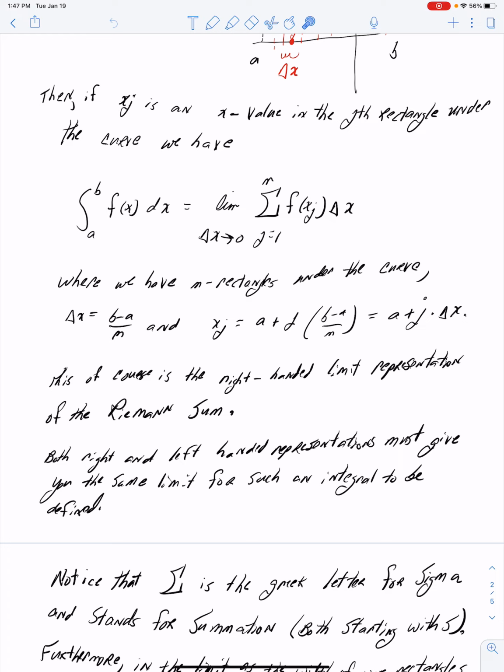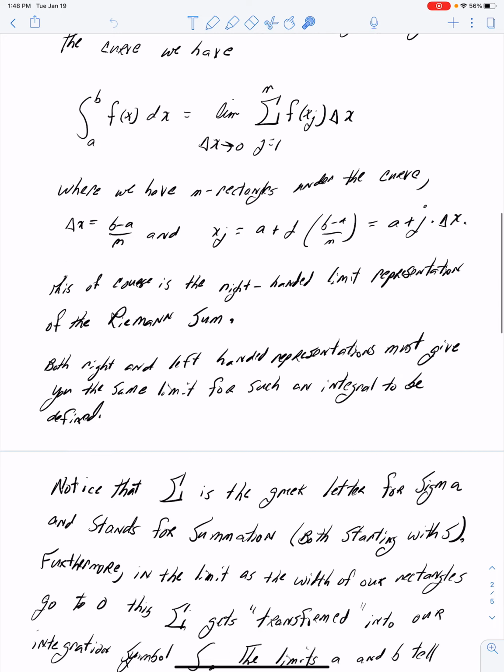And just like we saw before, here the width, delta x, turns into a differential dx. So in the limit, as delta x tends to 0, sums turn into integrals, and deltas turn into differentials.